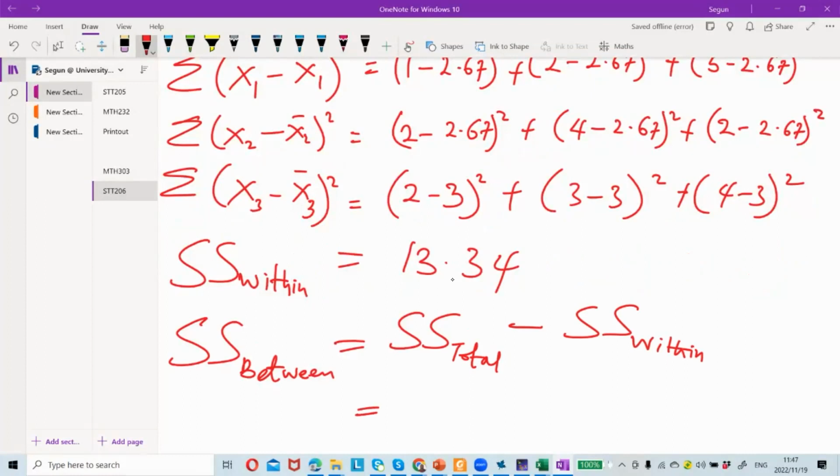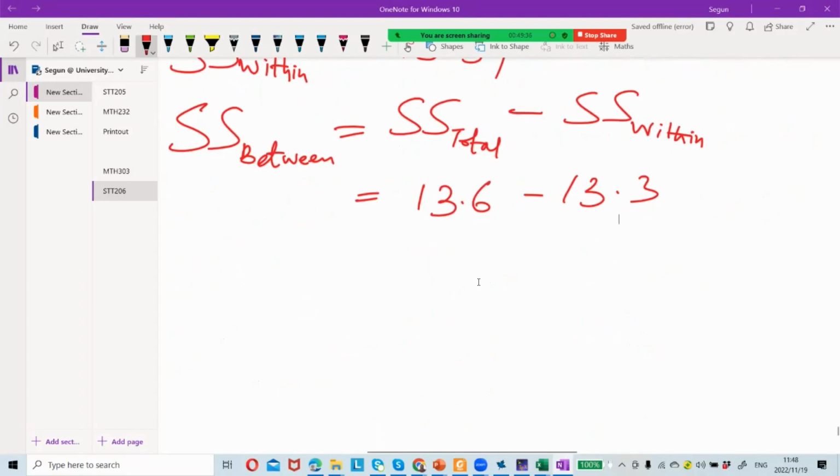So what is the value for SS total? 13.34? Sorry, 13.6. Minus 13.30, just a 13.63. So at the end of the day, our SS between is 0.23.